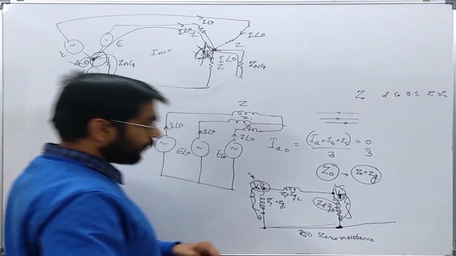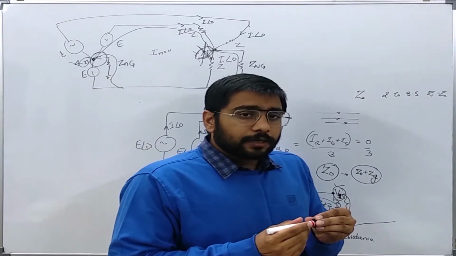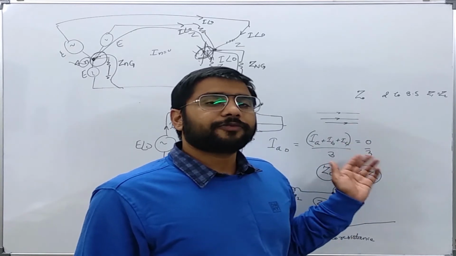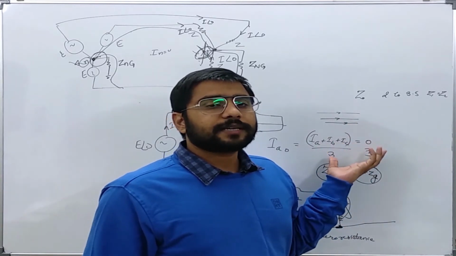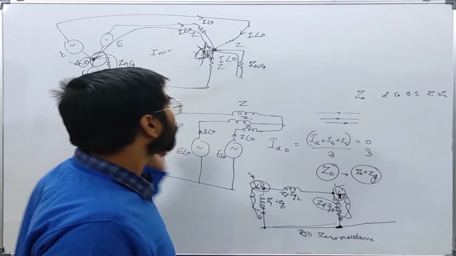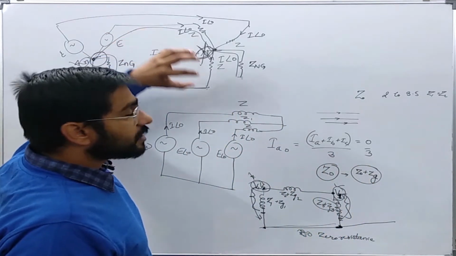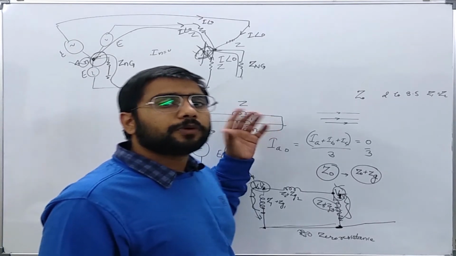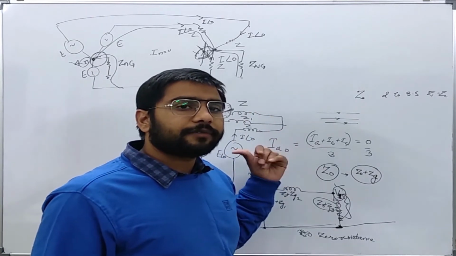Now usually the zero sequence impedances are different from the positive sequence and the negative sequence impedances. So the zero sequence network is quite different as compared to the positive sequence and the negative sequence network.